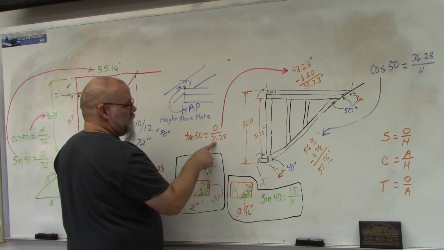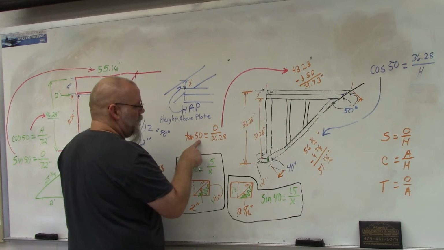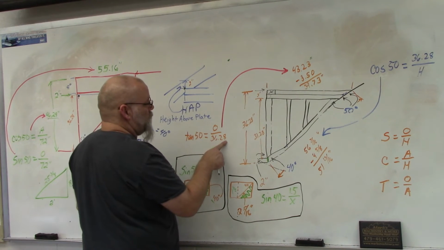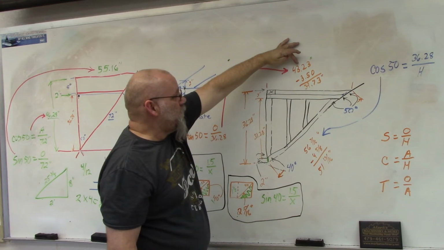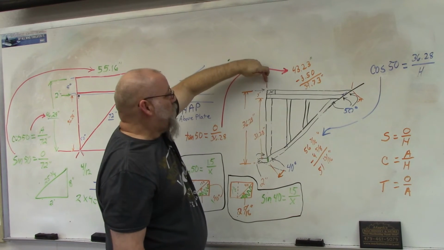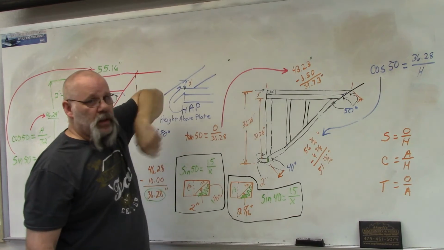I have the adjacent side, and I have the angle. So now I'm going to take the tangent of 50 times 36.28, and that gives me an overall length of 43.23 inches. So from this point right here to that point right there is 43.23 inches.